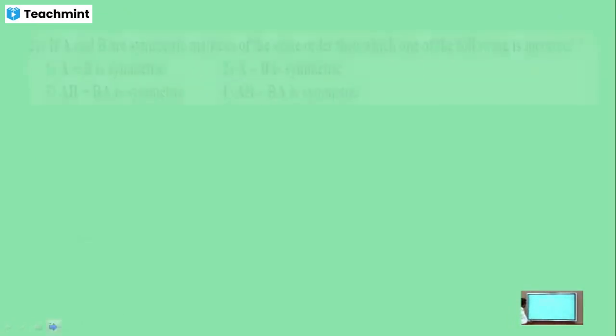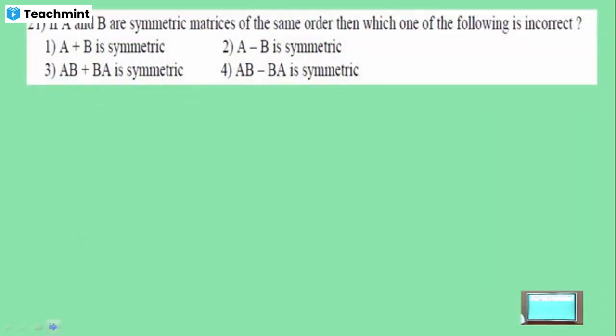Next one. A and B are symmetric matrices of the same order. Then which one of the following is incorrect? Now, first one. A plus B is symmetric. A and B are symmetric matrices of the same order.